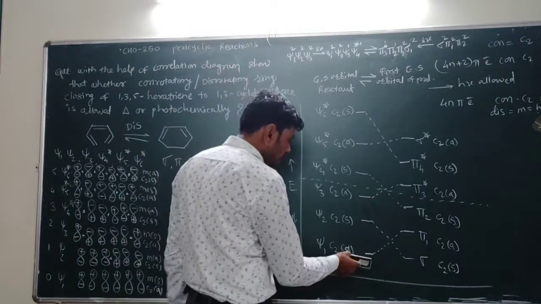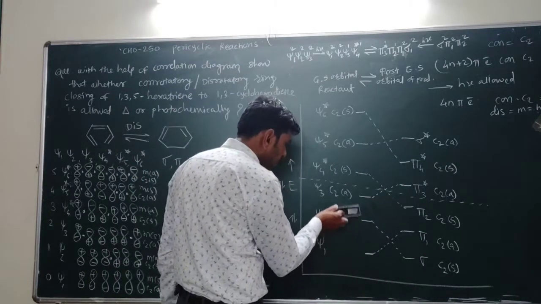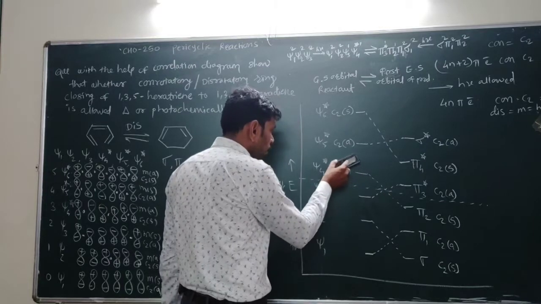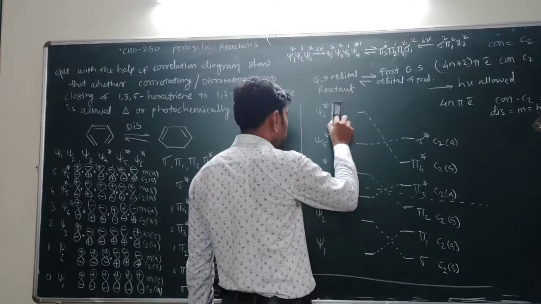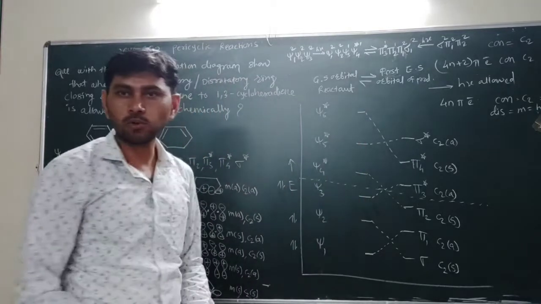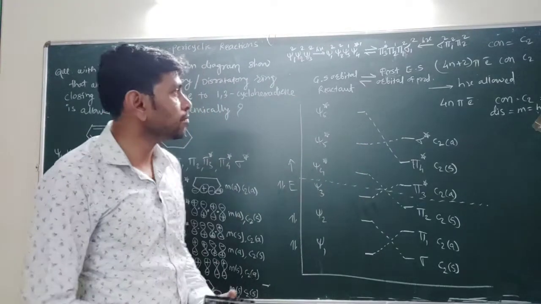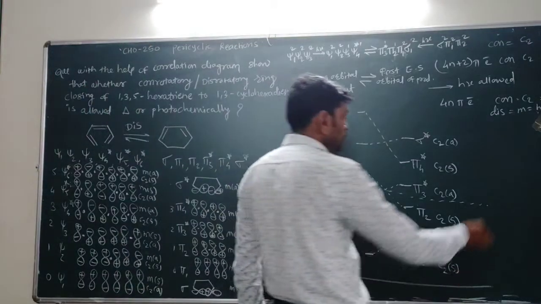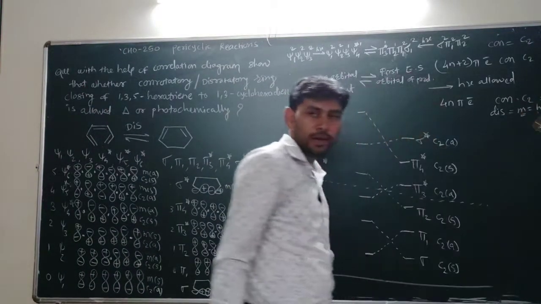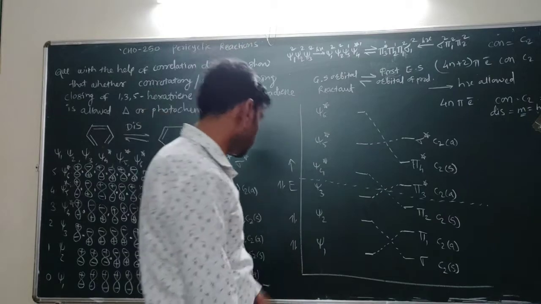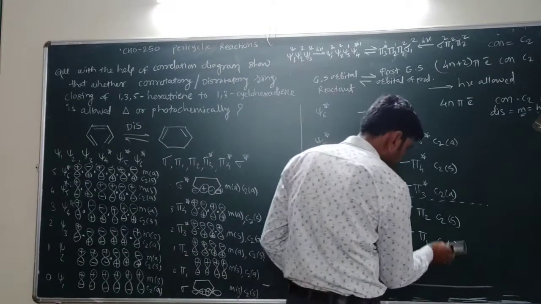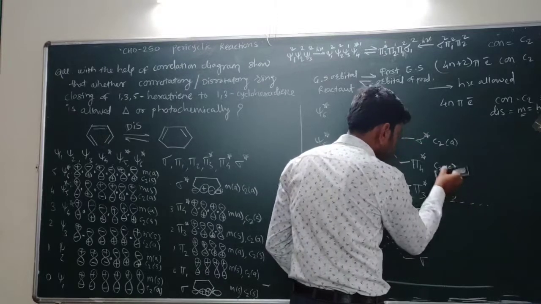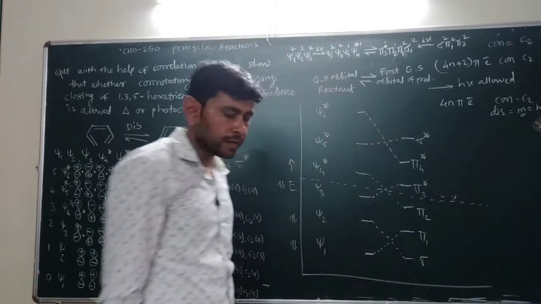But in this case, we have to change the symmetries. Because we are considering C2 symmetry here, this rotation, and we know that this rotatory motion is always associated with M symmetry. So now we have to consider M symmetries for every orbital of reactant and product.